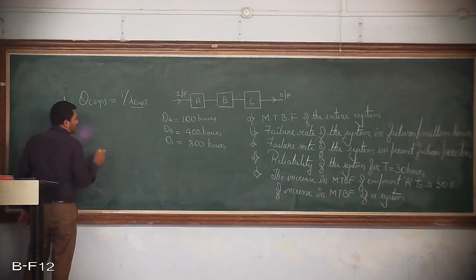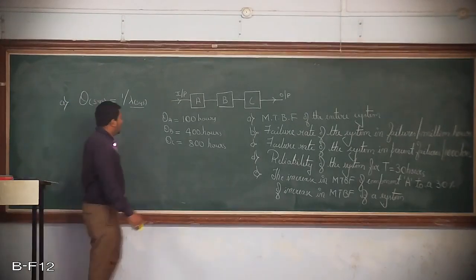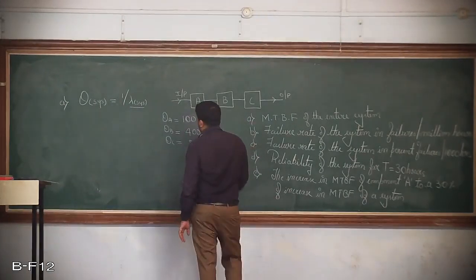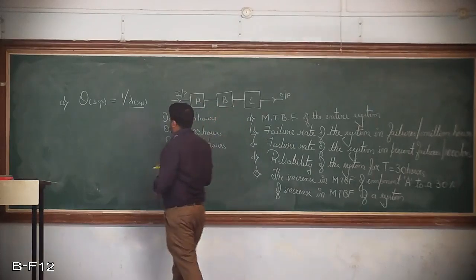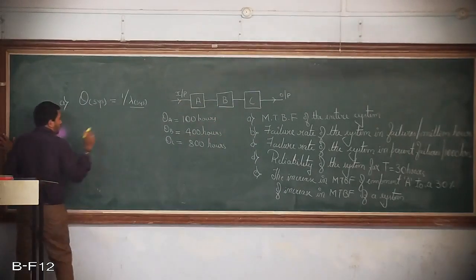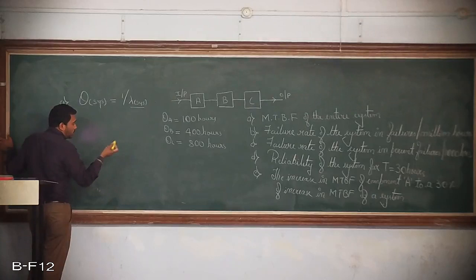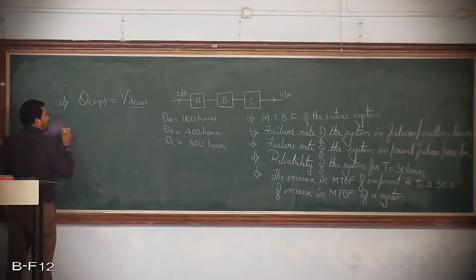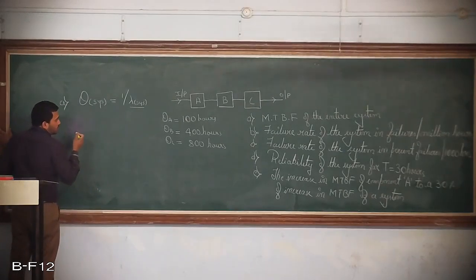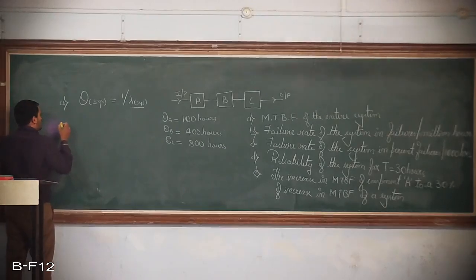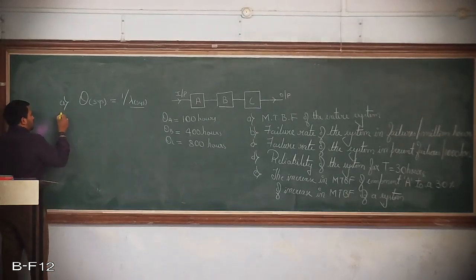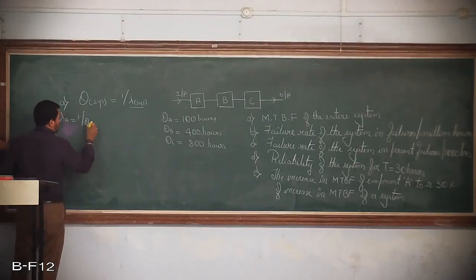To find this, we need the failure rate per hour of each component making the system. For that, we use the mean time between failure of each part. So lambda A is equal to 1 by theta A.